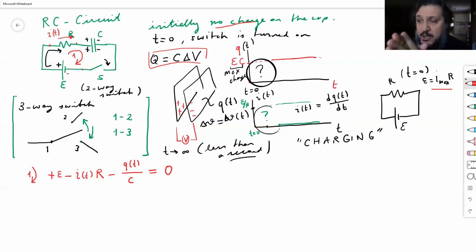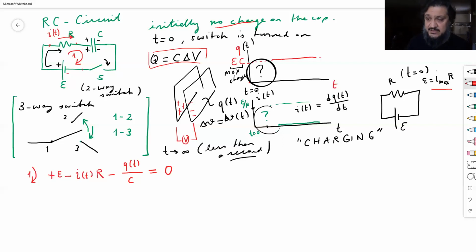Now, if I want to know how Q and I change with time, I want to solve this equation. In this equation, let's say I'm given the EMF, the resistance, and the capacitance. Those are known, but the current and the charge are not known. It looks like I have two unknowns, but only one equation.